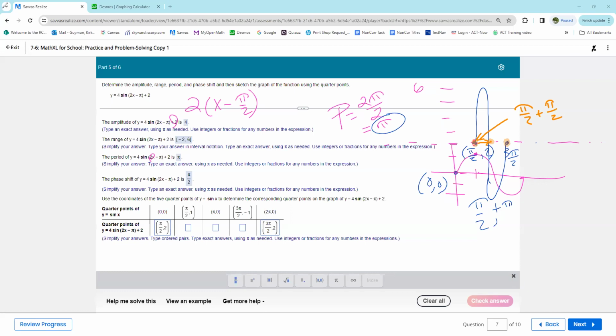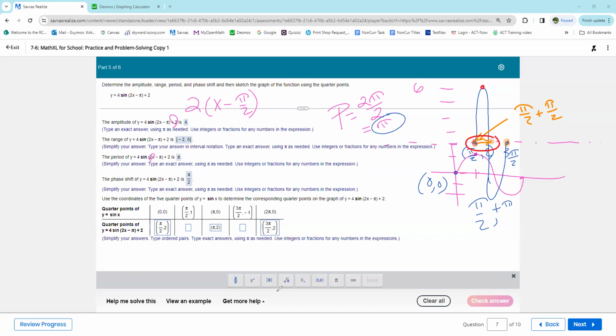Pi over 2, 2. Oops, pi over 2, comma 2. And then where would we be if we were halfway in between those? I'm halfway in between these two points, so I get up to here.